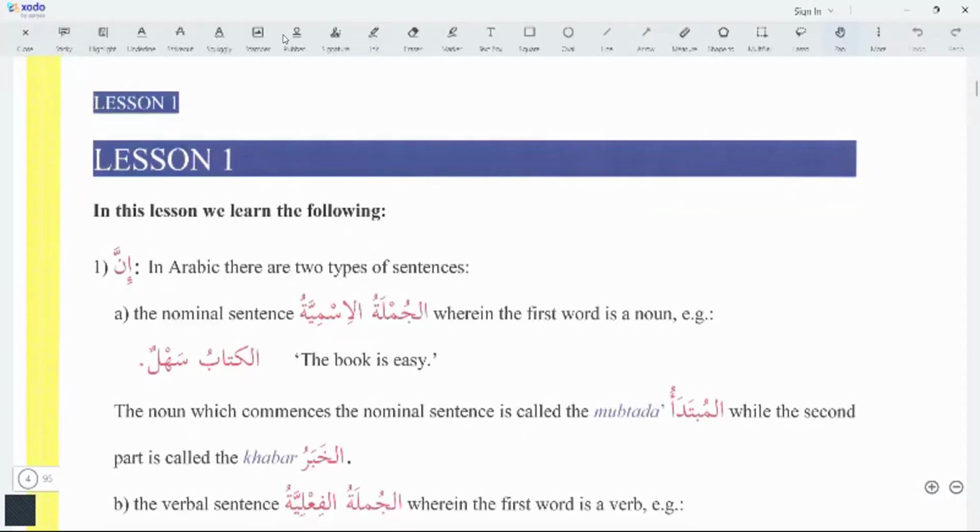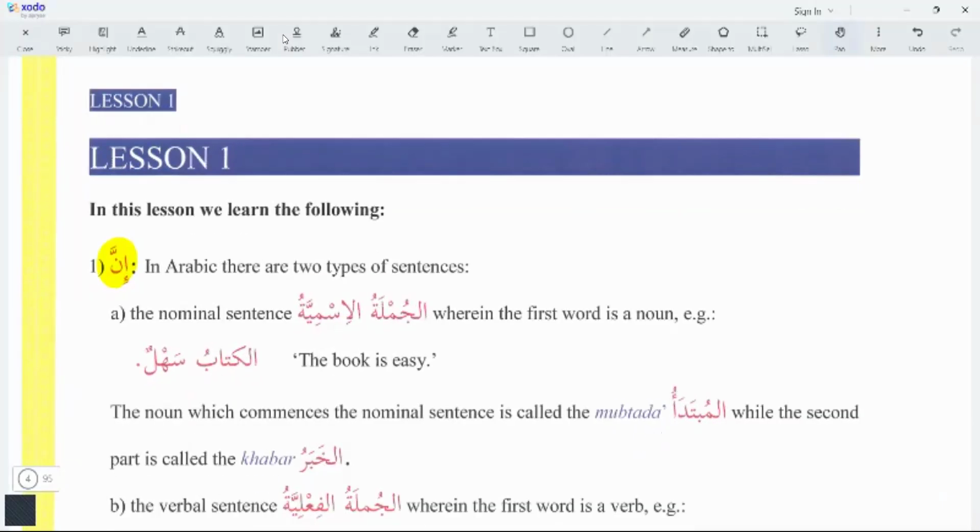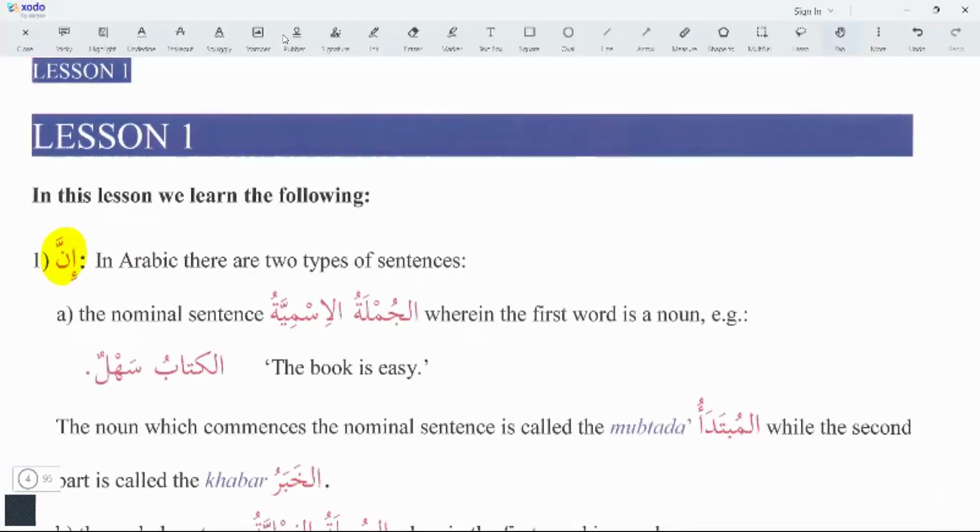In this lesson, we are going to learn about inna. What is this inna? This inna is harf-e tawkid. We call it harf-e tawkid and we call it huruf mushabbah bil fi'l.